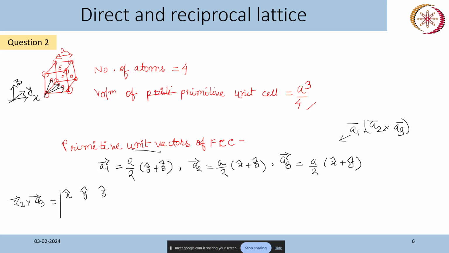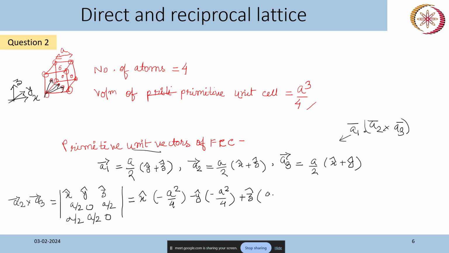Using the determinant with x cap, y cap, z cap in the first row, A by 2, 0, A by 2 in the second, and A by 2, A by 2, 0 in the third. This gives x cap times minus A square by 4, minus y cap times minus A square by 4, plus z cap times A square by 4. Just solve this determinant.